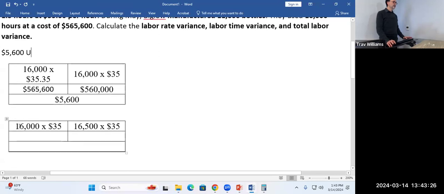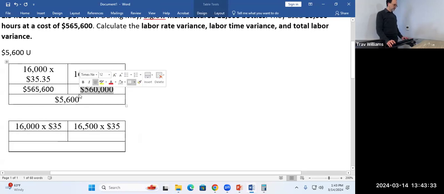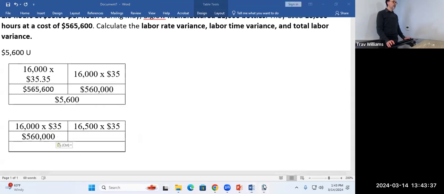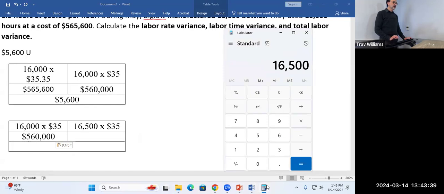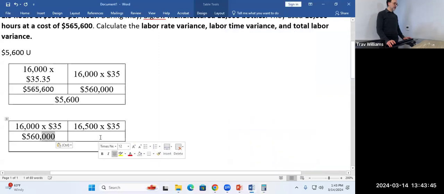Okay, and then since this part is the same as this, we already know what it comes out to, 560,000. And on the right side, standard hours times the standard rate comes out to 577,500.